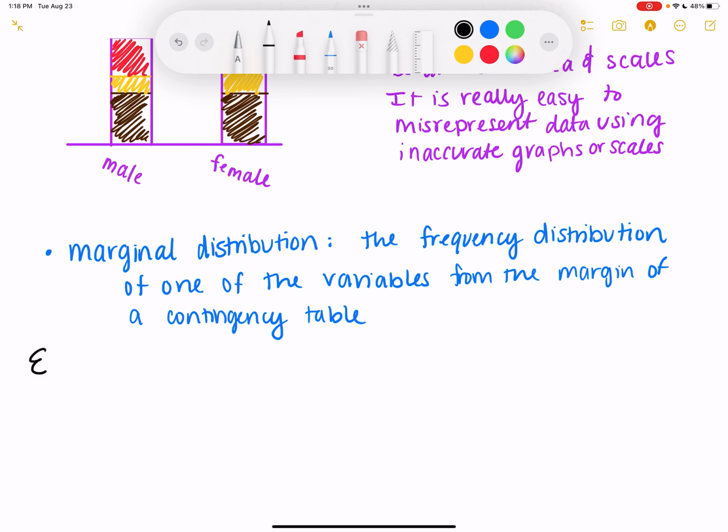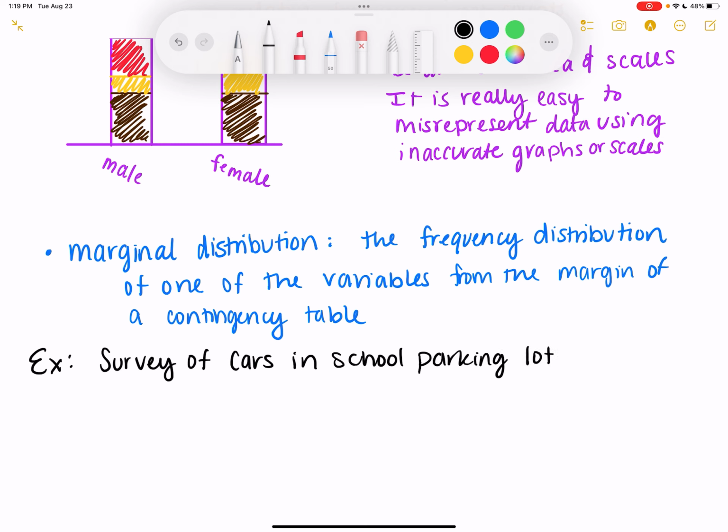So this is a survey of cars in the school parking lot, based on the origin of car.